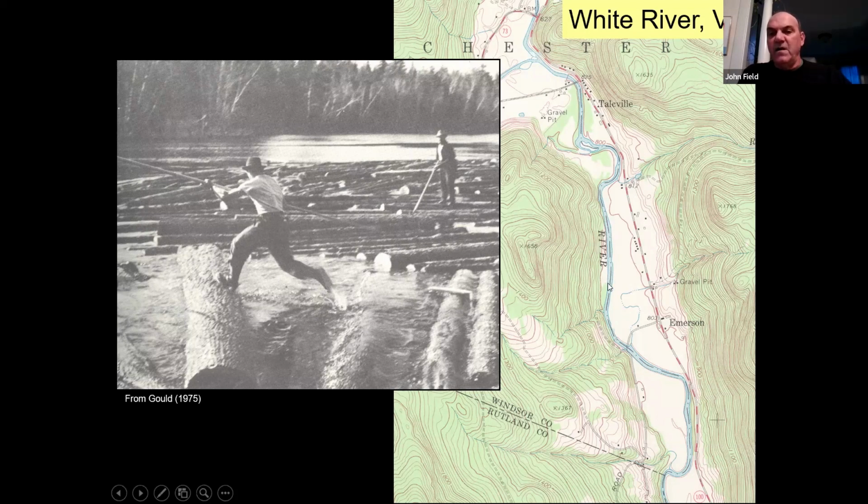So that's a second hallmark of the straightening. A third hallmark of the straightening is sometimes you can see the old meanders which were abandoned when the river was straightened. And here we can see that in the form of a tributary flowing in the old meanders that were probably there prior to the straightening.